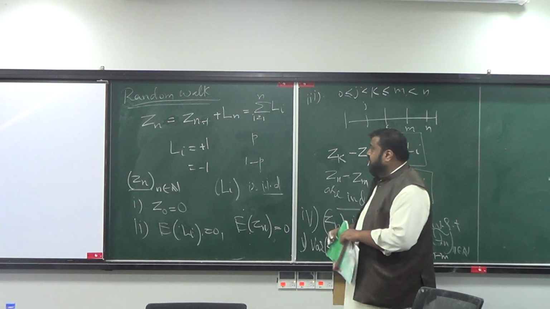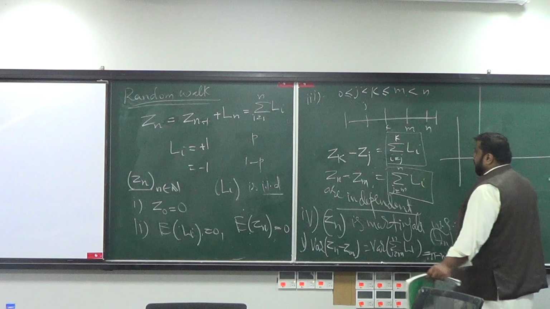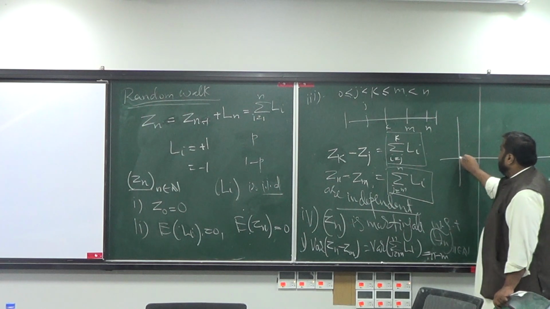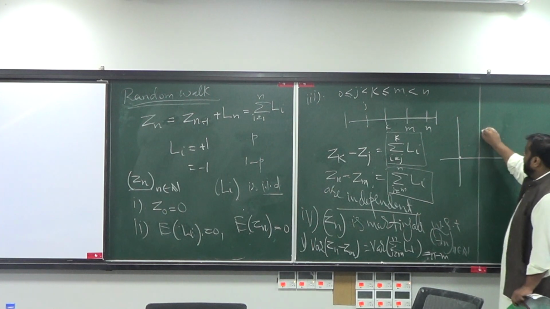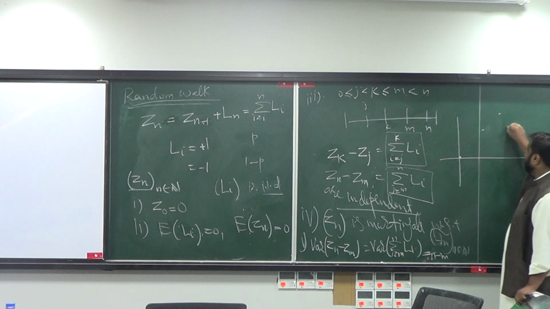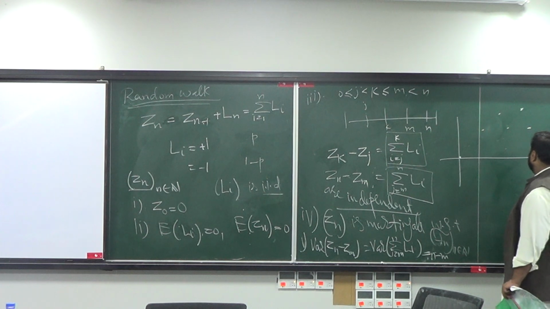So now, if you want to see the random walk pictorially, how does it look? The gains pictorially. You start from here, and it can go here, and then maybe even further, and then it can go down, and then up, and go down, down, down.